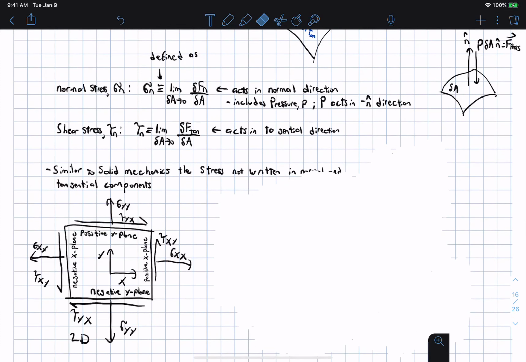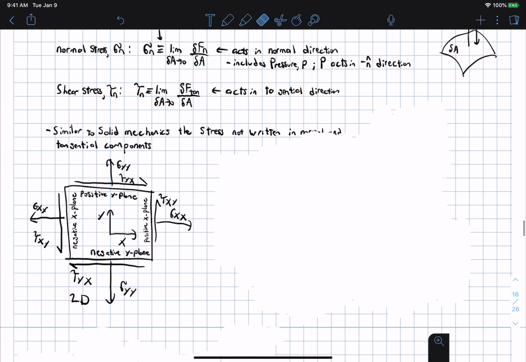Here, just to get the nomenclature down, you have seen these sort of stress diagrams. I have a two-dimensional square here. This is the positive x-plane. This here is the negative x-plane. We have the negative y-plane here and the positive y-plane here. On each plane there will be a normal stress that is defined to be positive in tension. That is just basic convention.